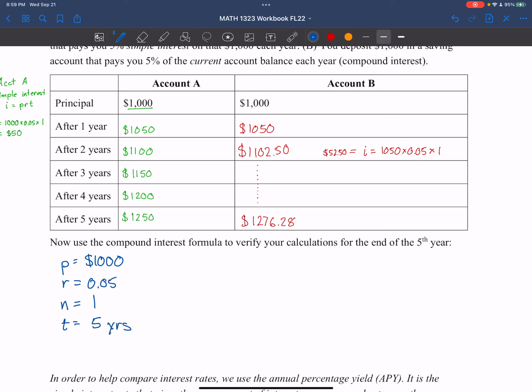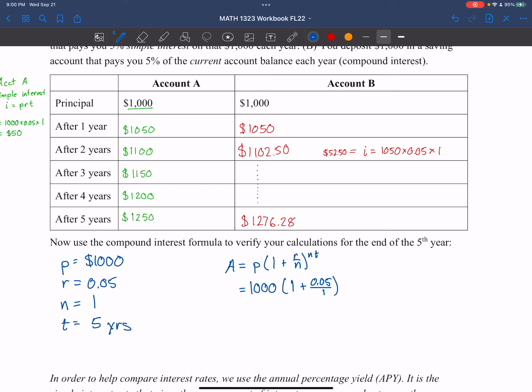So the accumulated amount is going to be P times 1 plus R over N to the NT. Plugging this in, you get 1,000 times 1 plus 0.05 divided by 1, all to the N times T.